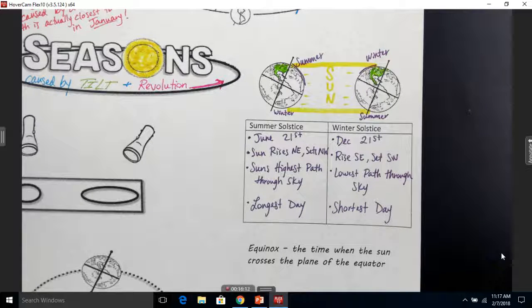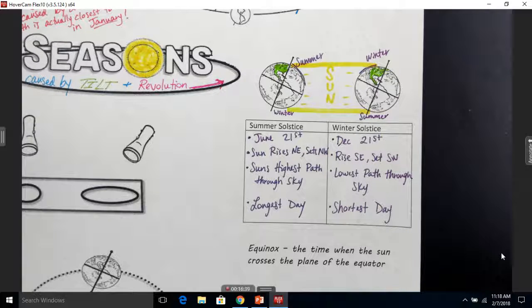Okay, let me break this down. So I told you that the summer solstice is when the sun rises in the northeast. So, northeast. It rises in the northeast, comes up here, and sets over there. You saw where my hand was?